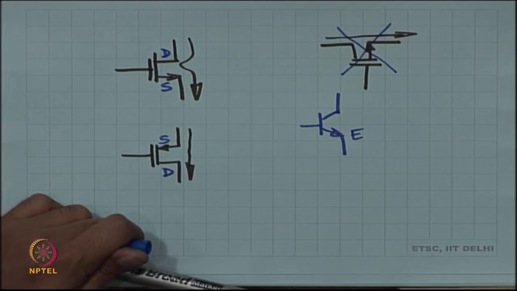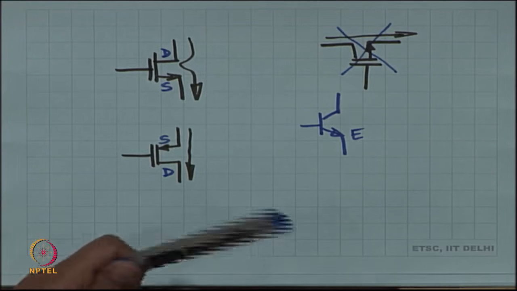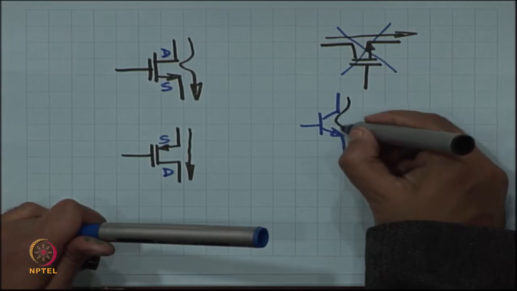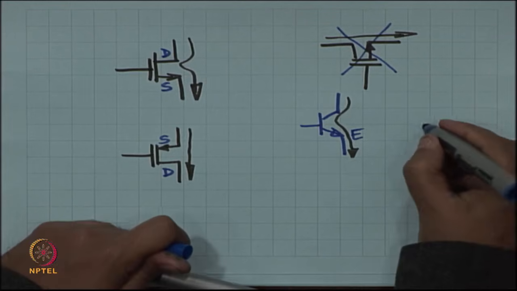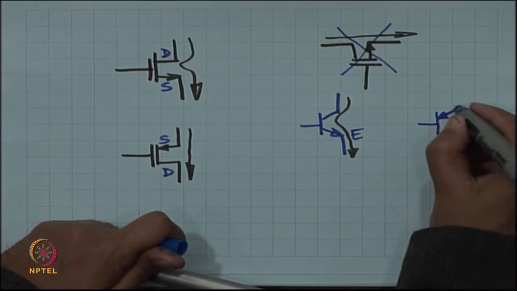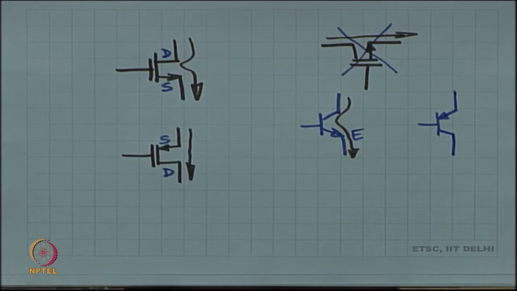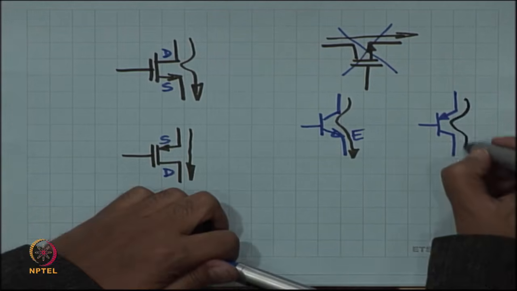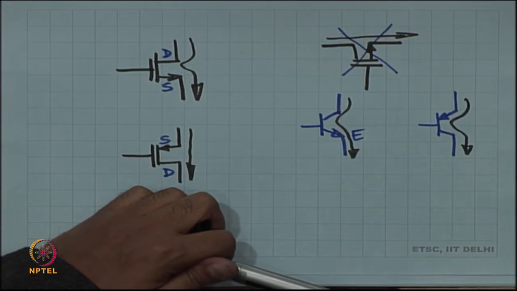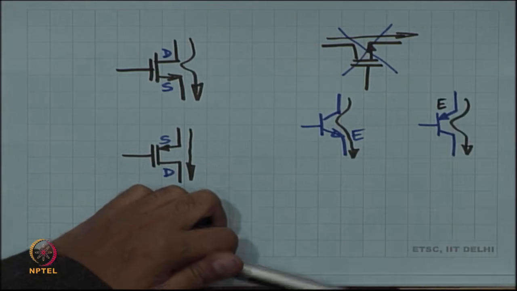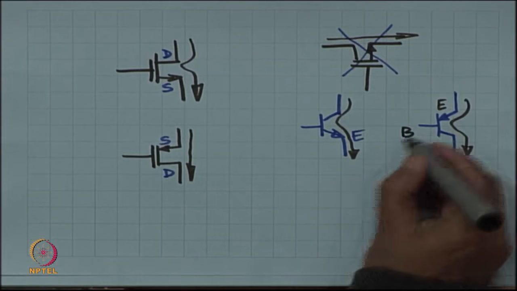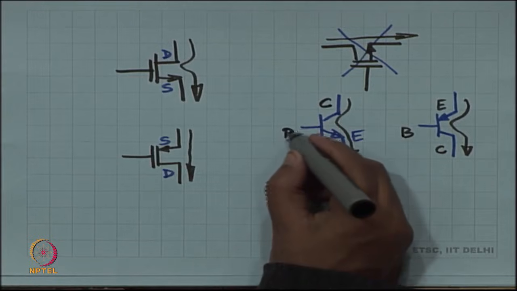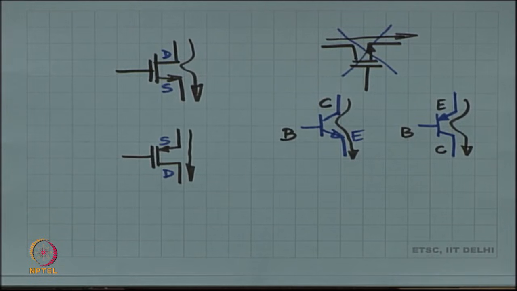Current flows in the direction of the arrow. So, in this case current is going to flow from top to bottom. This is NPN, and in the PNP device current is again going to flow from top to bottom. And which is the emitter? The one with the arrow is always the emitter. All right, is this fine?